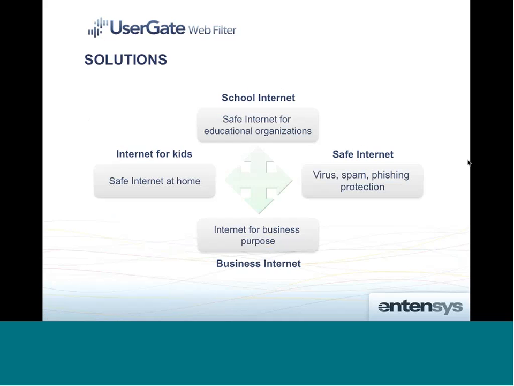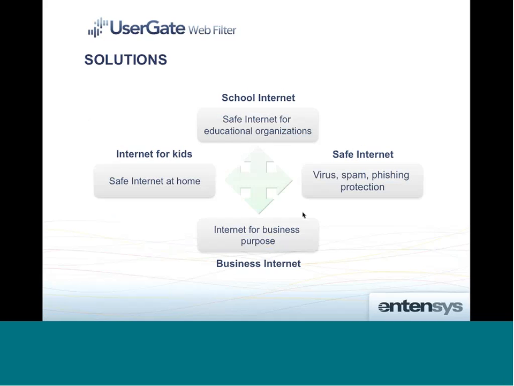Not just schools, but many different educational organizations such as universities, public schools, colleges, etc. Then some providers, ISPs, offer safe internet for their clients. Safe means without viruses, spam, phishing, etc. So it's one way to sell our product to clients.